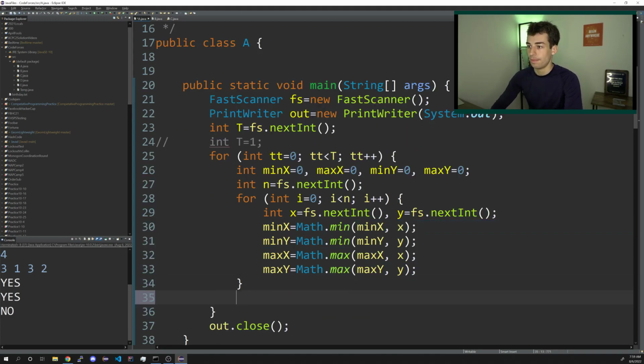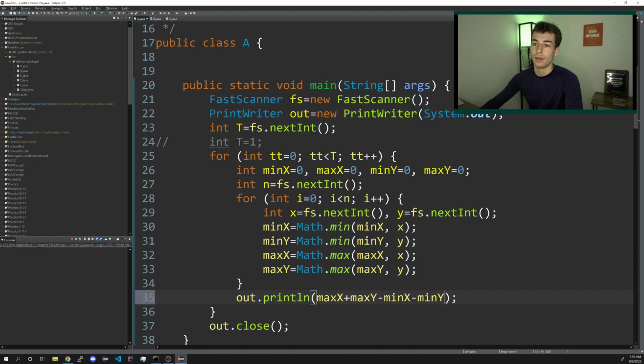And then System.out.println of max x plus max y minus min x minus min y. And we should be good there. Okay. Times 2.